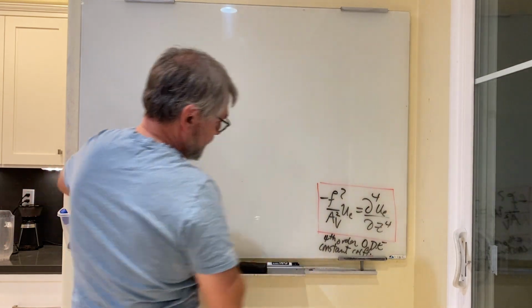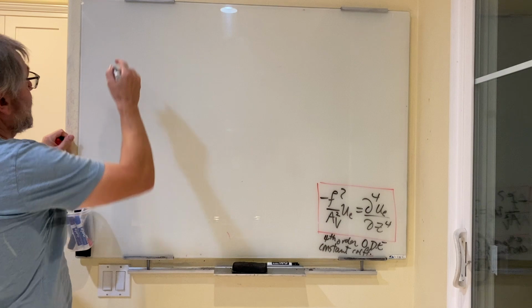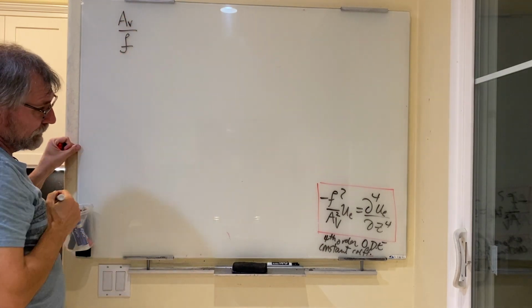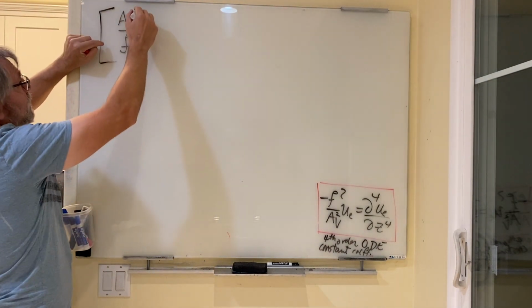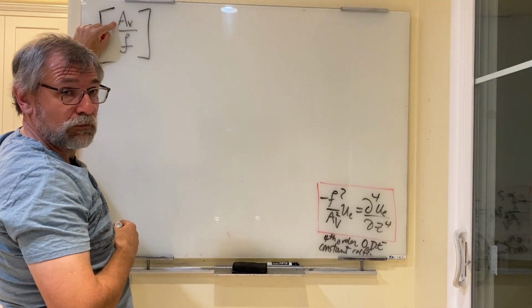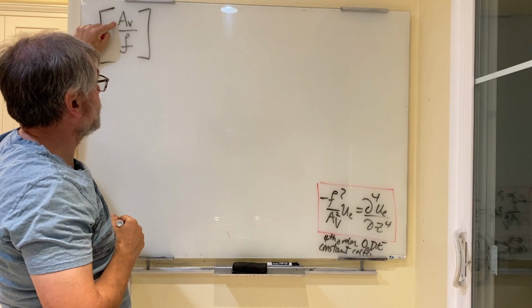First, let's look at this quantity here, f squared over av squared. So av over f. What are the dimensions of this? av is the kinematic viscosity, or the diffusivity for momentum, and it has units of meters squared per second.